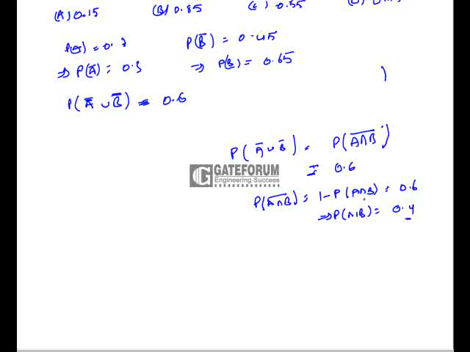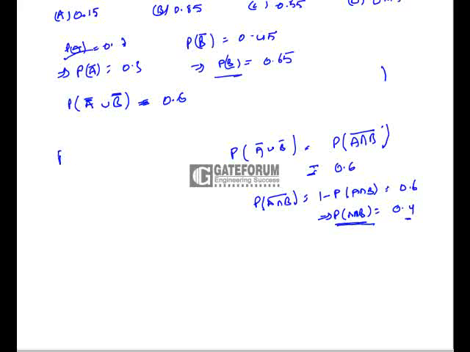So we have P of A, P of B, and P of A intersection B. Now he is asking us to find the probability that at least one of A and B occurs.